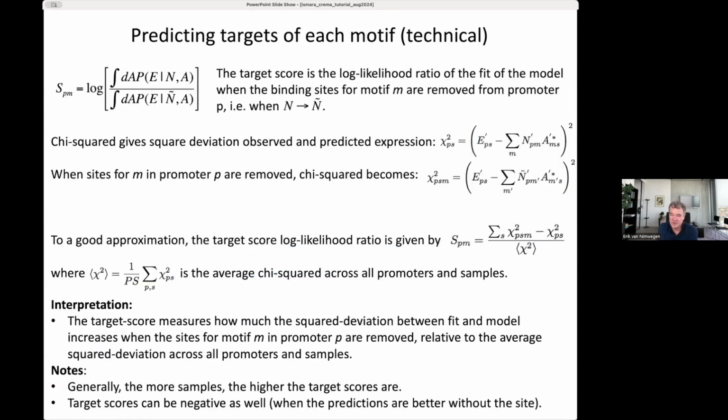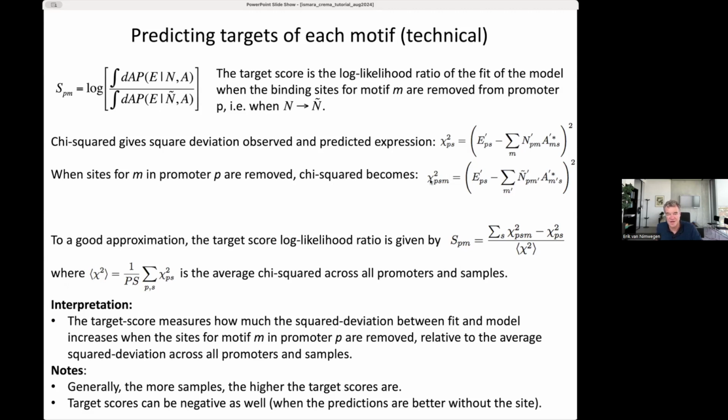So for the more technical among you, it turns out that this log likelihood ratio can, to a very good approximation, be calculated as follows. For each promoter and each sample, you can calculate a chi-squared, which is the squared deviation between the observed and the predicted gene expression using the fitted motifs. And now you can recalculate the squared deviation using the mutated matrix N tilde, so basically just removing the effects of this one motif on this one promoter.